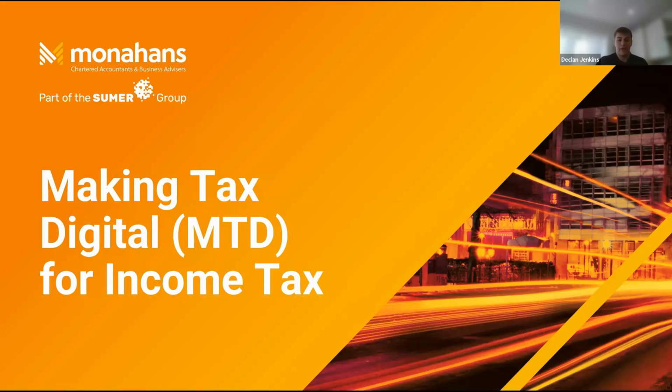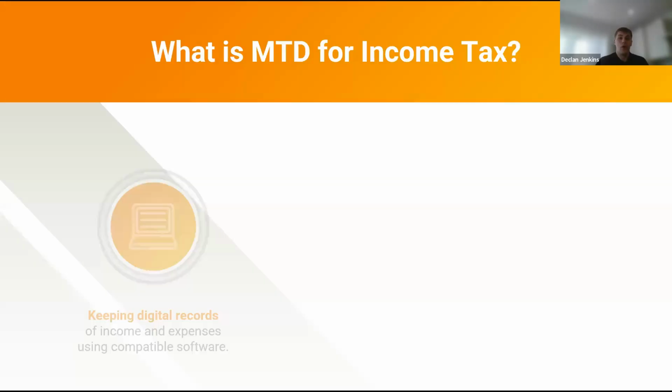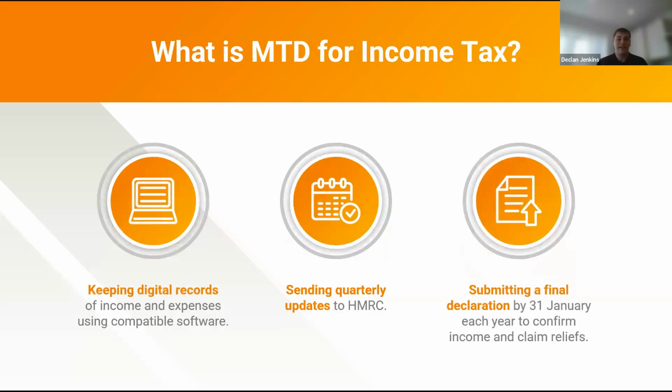So, what is it? What is this Making Tax Digital for income tax? The first and probably one of the biggest changes for many is keeping digital records. This is using software, generally cloud-based, to keep track of your income and expenditure for either your self-employment or self-employments and any rental properties you have.